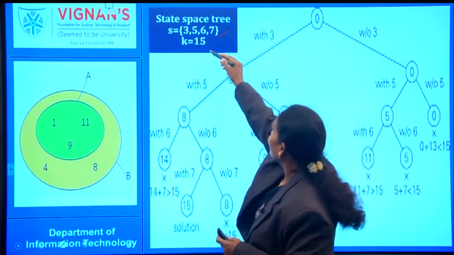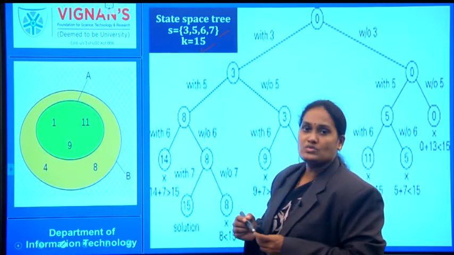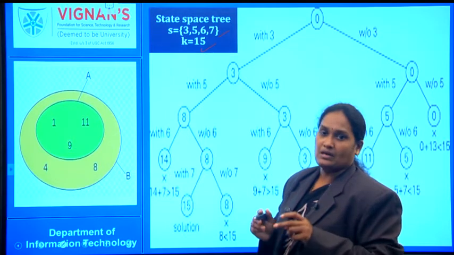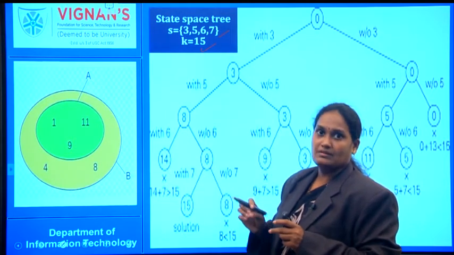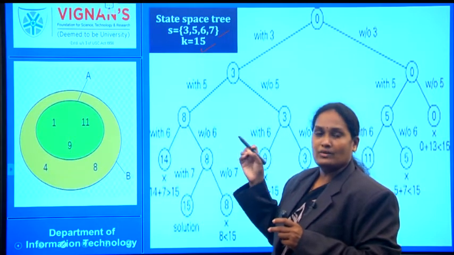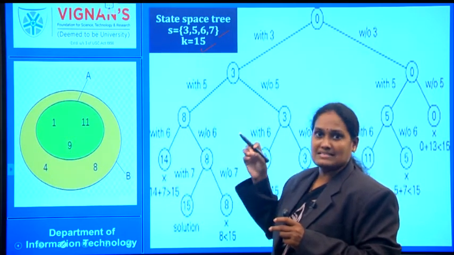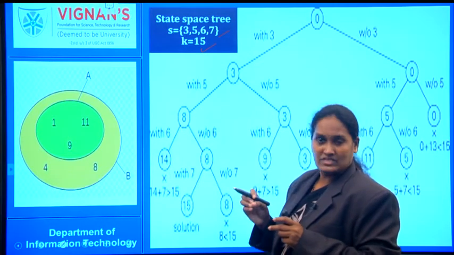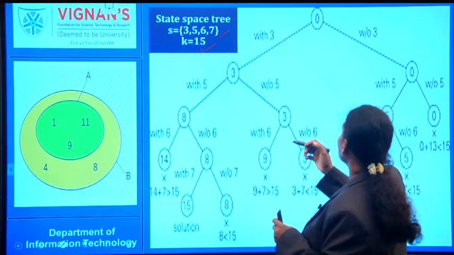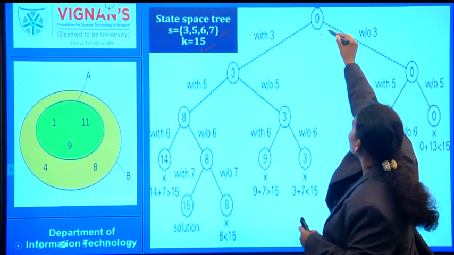Also given is an integer value k whose value is 15. Now, how to construct the state space tree to find the subset which sums up to the given integer k, which is 15? Let us see, the root node starts with 0.